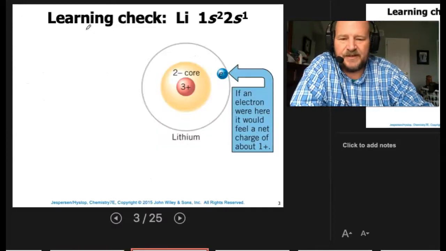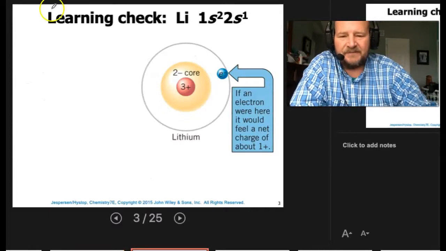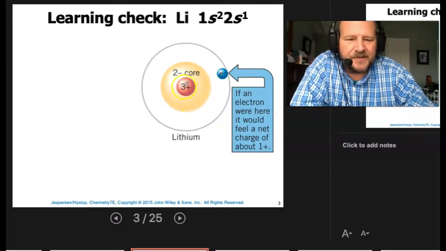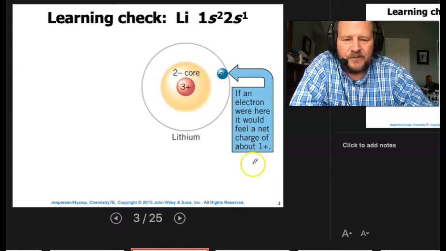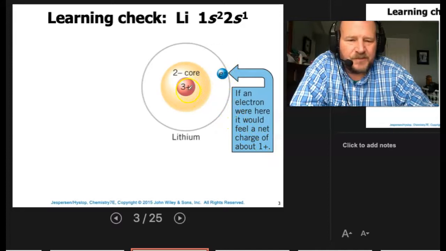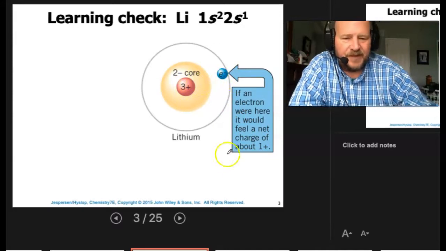of the nucleus, right? So in other words, if I have lithium, and here I've got a +3 because we have 3 protons, but we've got 2 electrons that are filling that first shell, right? So the 1s is completely full. Well, this electron out here would feel a net charge of about +1, but it's also further away.